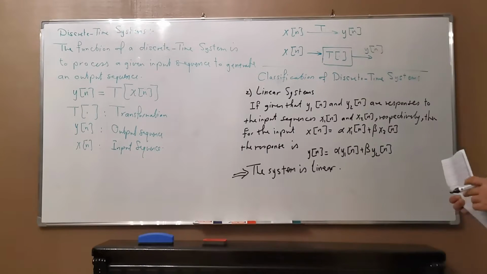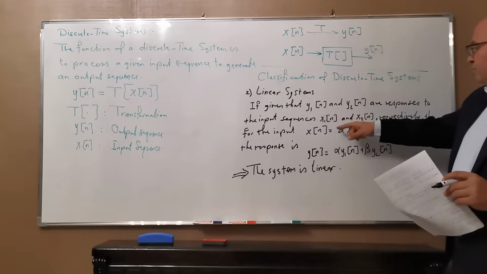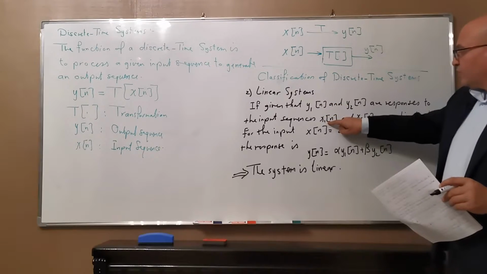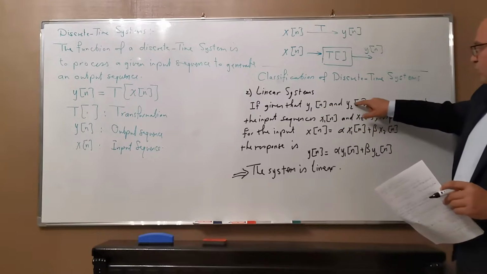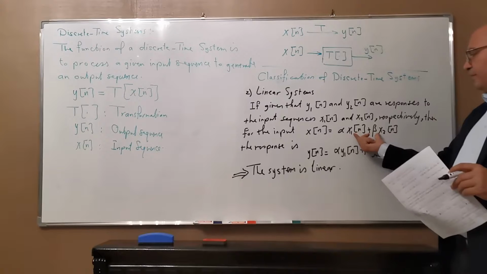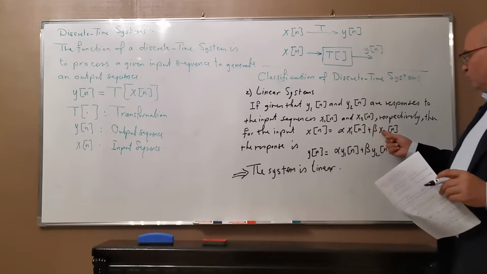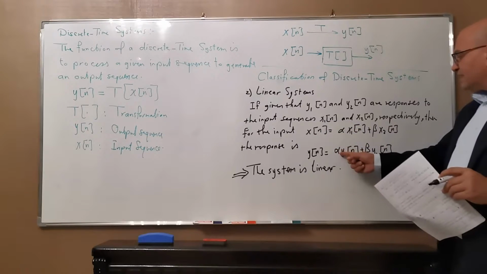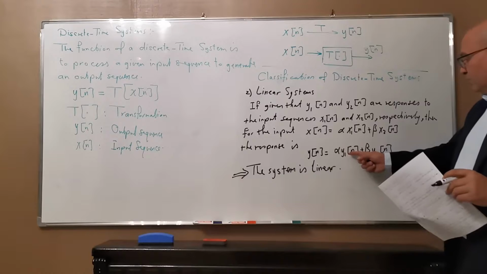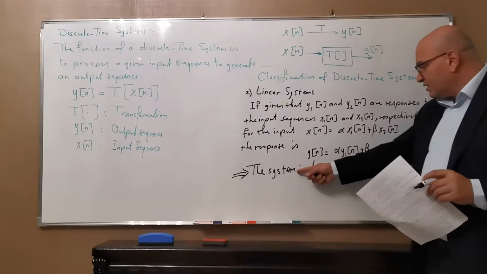So we call the system linear if we have an input x1 of n that gives us y1 of n, and x2 gives us y2 of n. If we have a linear combination of those two input sequences as input to the system, then we get exactly the same linear combination of the corresponding outputs. So this system will be linear.